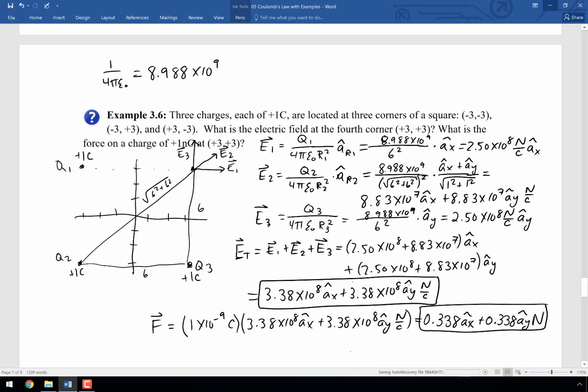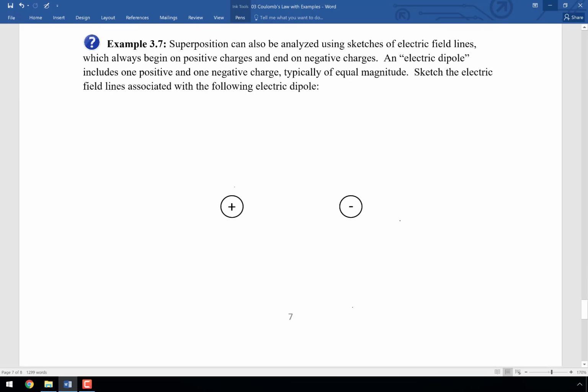And then we are also asked to find the force on a 1 nano coulomb charge. So this is 1 times 10 to the minus 9th coulombs multiplied by 3.38 times 10 to the 8th a sub x plus 3.38 times 10 to the 8th a sub y newtons per coulomb.